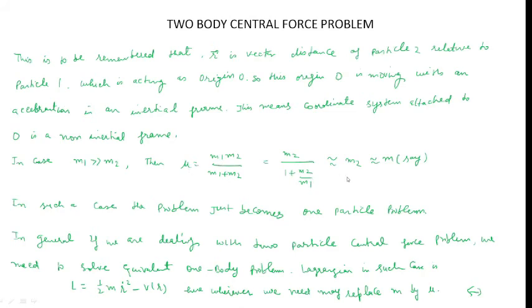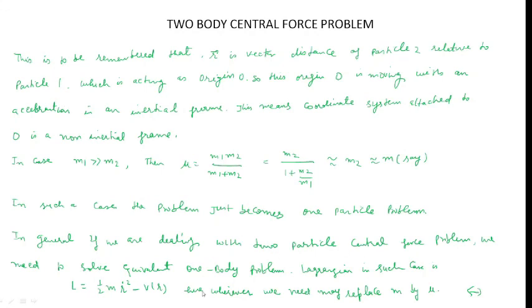So mu will be equivalent to m2, or you can say that it is equal to m. Thus you can see that if one particle has a very high mass, then it can be reduced to a single body problem.